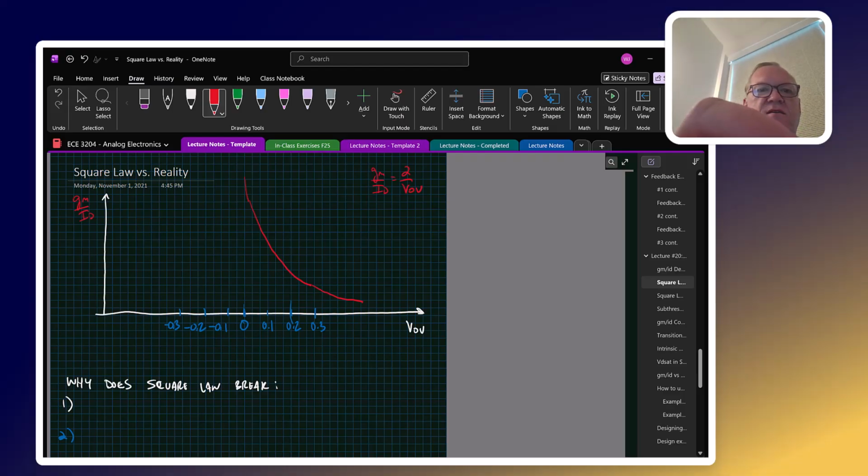In reality, though, it doesn't predict what happens if we have very low values of VOV or even negative values of VOV.